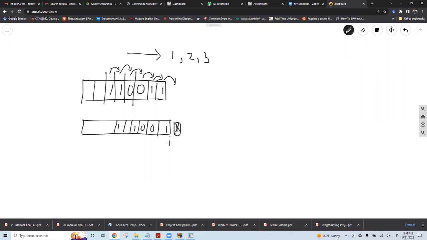Let's say this is a cliff, a mountain. Then this one would fall down.